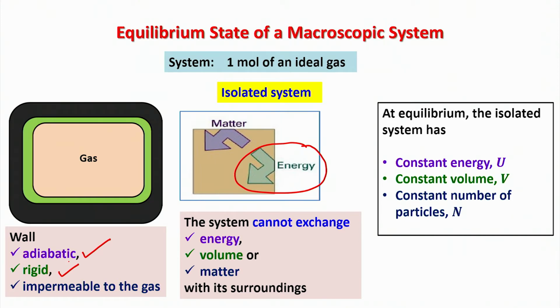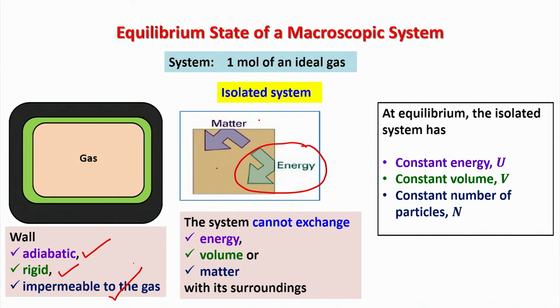Moreover, the stainless steel cylinder doesn't have any gaps or holes in it, and therefore it will not allow the passage of any matter across the wall between the system and the surrounding, and therefore the wall is impermeable to the gas molecules contained within the cylinder.